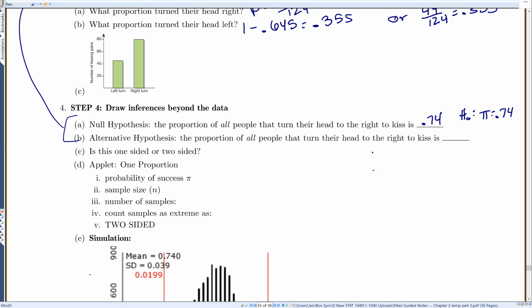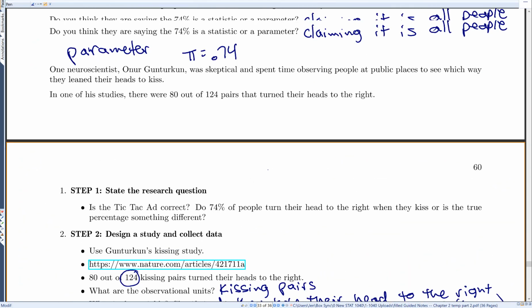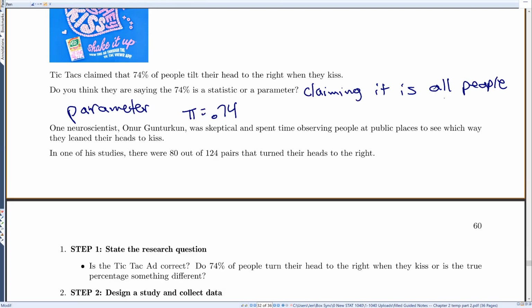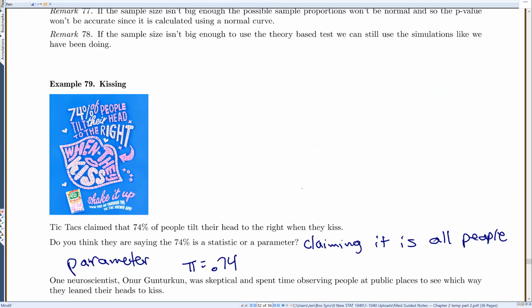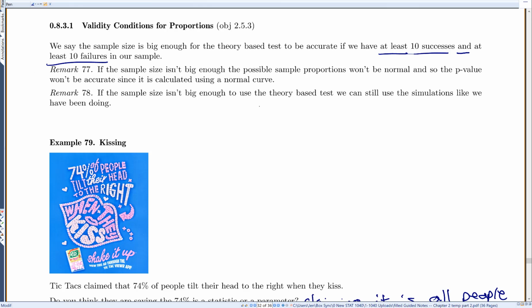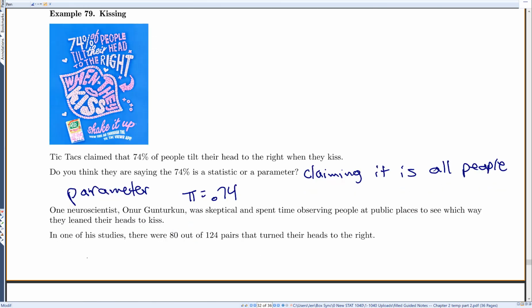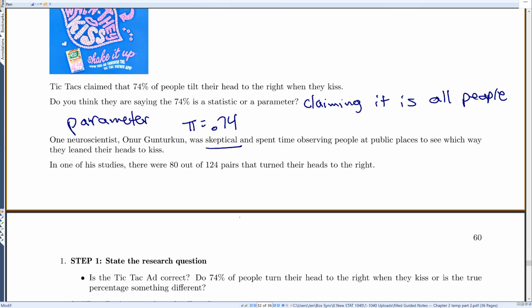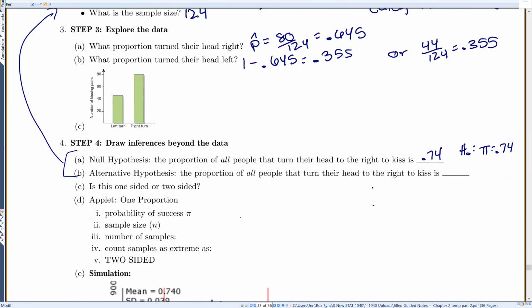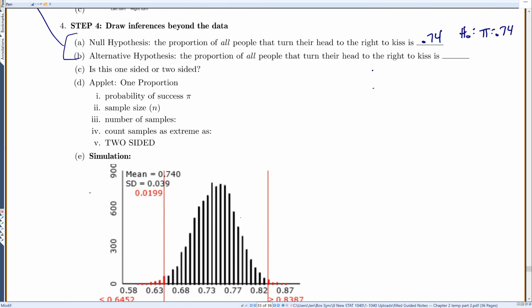And the alternative, he thought that they were wrong. But did it tell me if he thought it was less than or more? So go back up, read it again. Let's see, he was skeptical. It didn't say, though, if he thought it was greater or less than. So if he didn't tell us which way he was suspicious, we have to do a two-sided test.